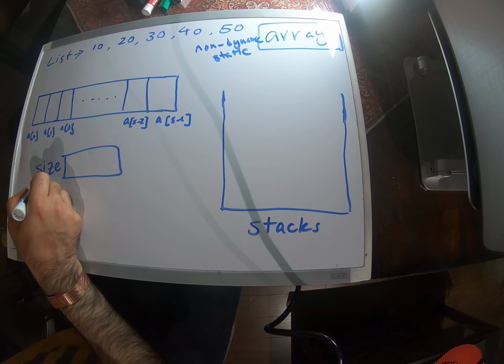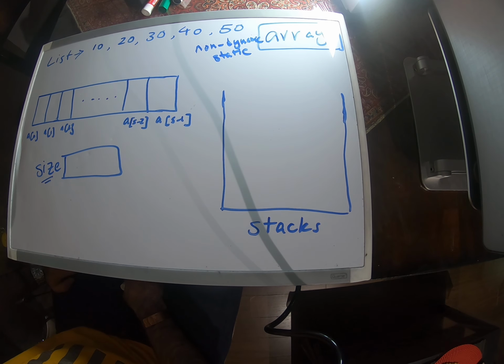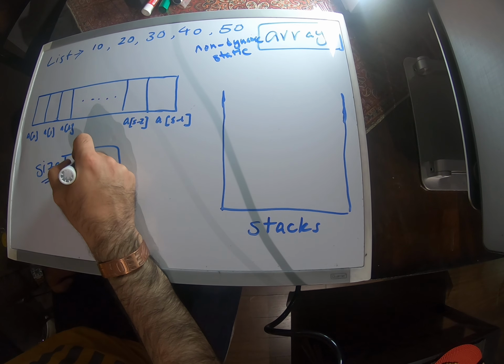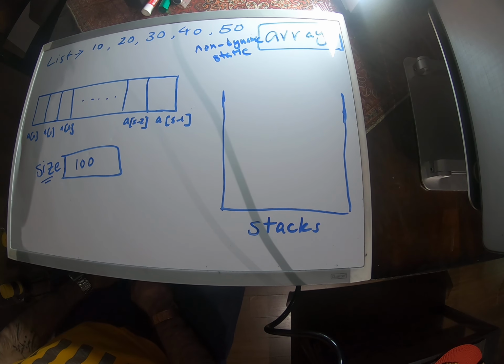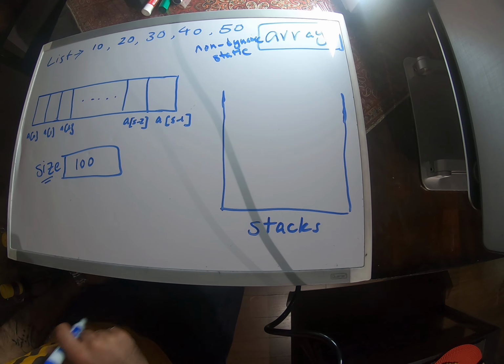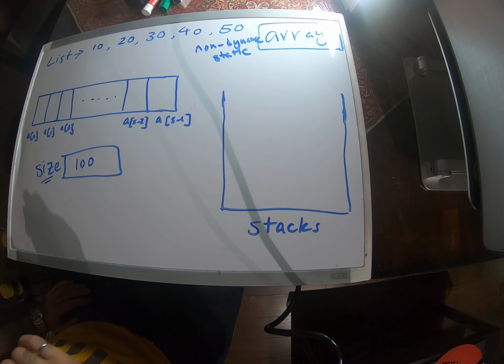So this size is usually chosen as a big number, let's say 100 for example. Of course, we have the option to use a dynamic array and increase the size, but I'm going to focus on the static array in this case.